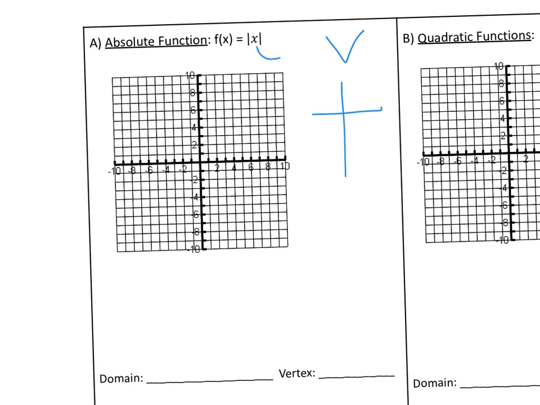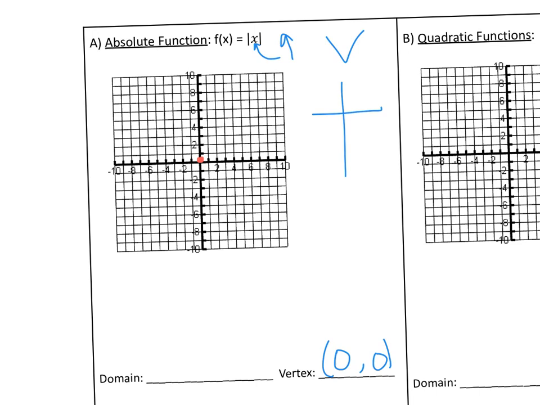Well, there is nothing inside with the x, so our vertex x-coordinate is 0. And there's nothing outside here, and that's going to be our y-coordinate, so it's also 0. Let me change the color here so you can see a little bit better. We are going to graph the vertex 0, 0, and that would be our starting point.